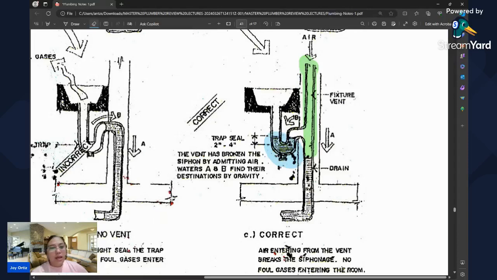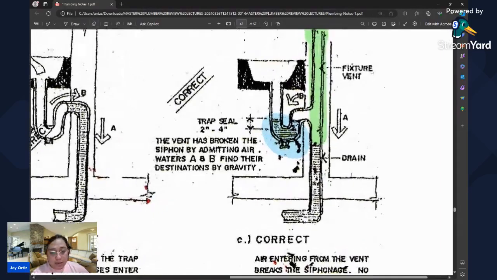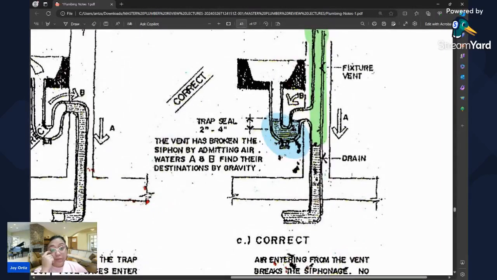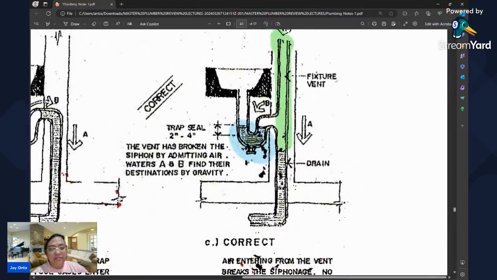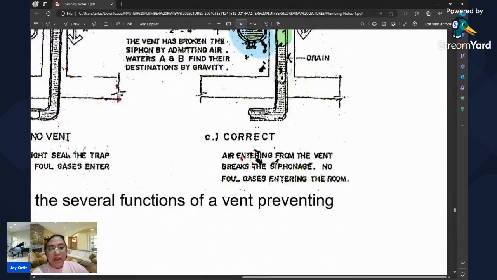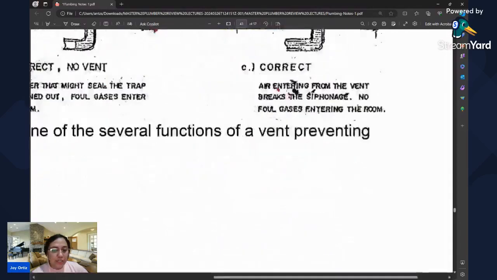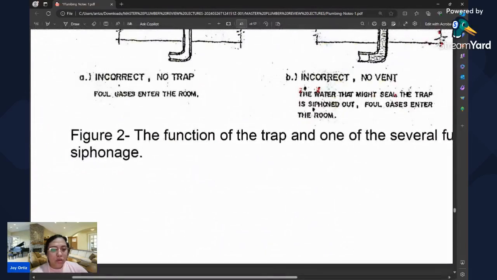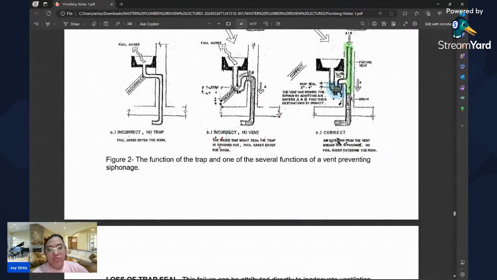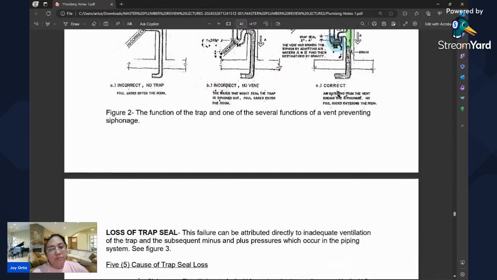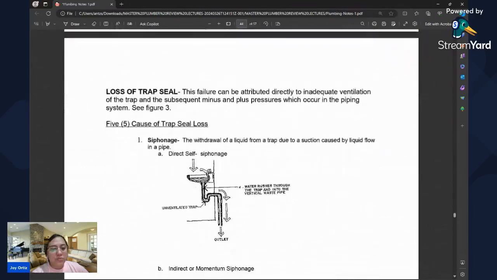So, the vent has broken the siphon by admitting air. Waters A and B find their destinations by gravity. So, air entering from the vent breaks the siphonage, no foul gas entering the room. So that's one of the several functions of a vent, preventing siphonage.